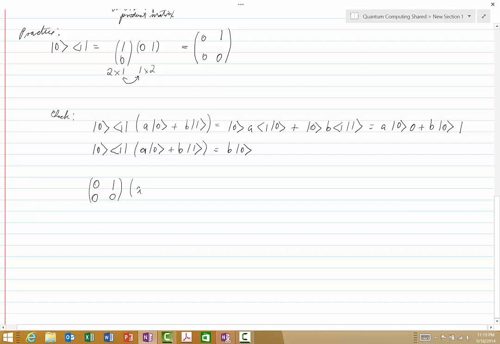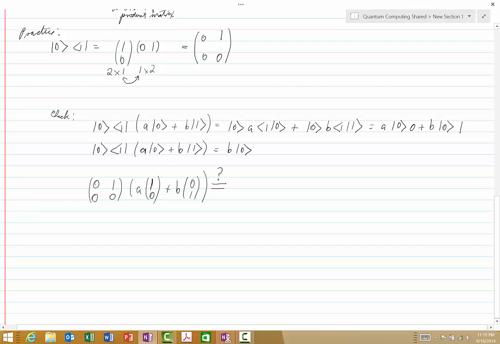Now, how would we do that? Well, A is just a number, so we bring down the A. But the 0 ket, remember, that corresponds to the 1, 0 column vector. And we bring down B, and the 1 ket corresponds to the 0, 1 column vector.